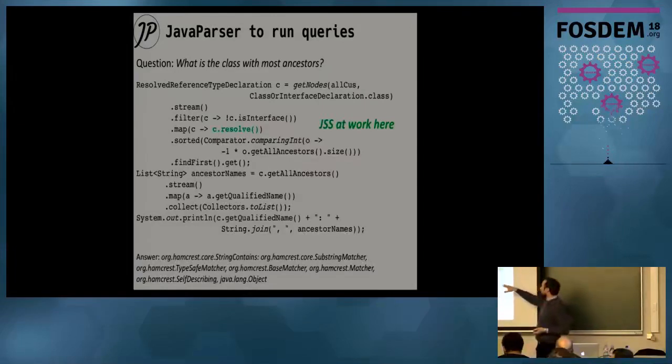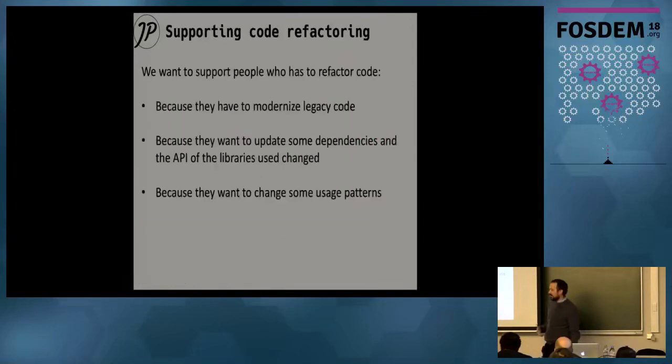In this case, I sort by the number of all ancestors, again in descending order. And for example, I can figure out that StringContains is the one with the most ancestors because it extends or implements a bunch of classes. So this is just to give you a rough idea of the kind of queries you can write.